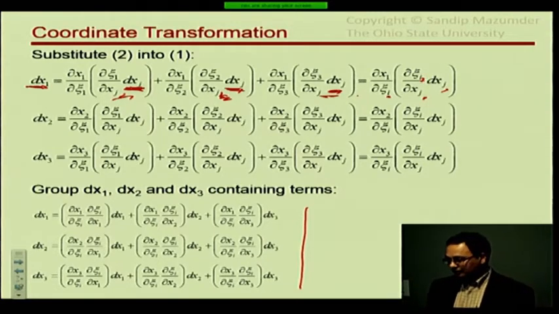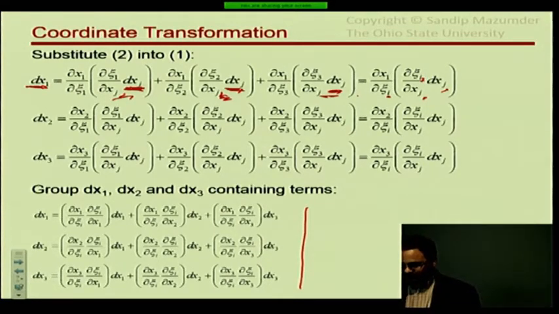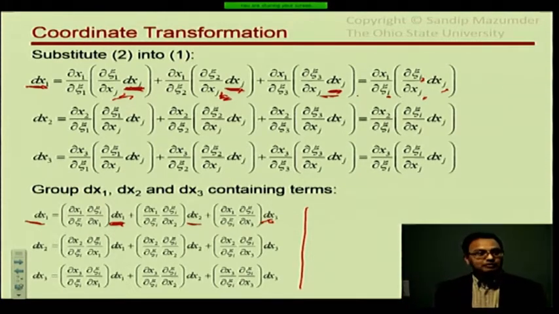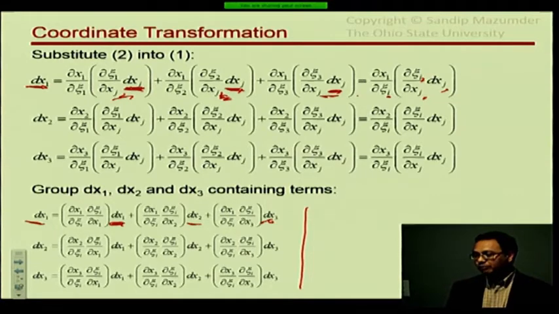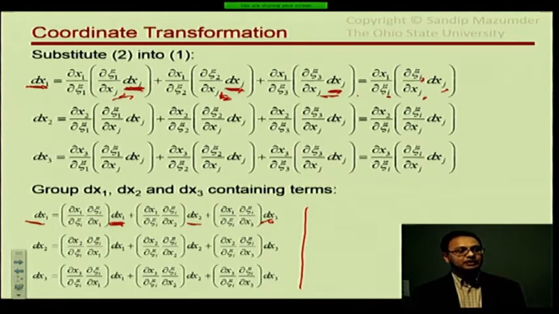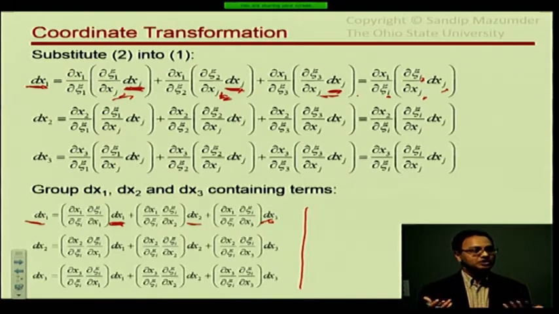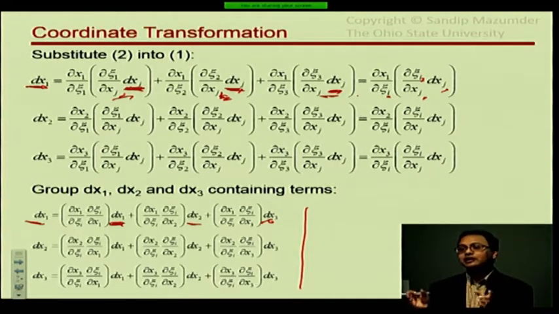Now once we do that, you notice something very interesting. On the left hand side this has 1 times dx1. On the right hand side, all of a sudden I have dx1, dx2, dx3. Now remember, x1, x2, x3 are independent variables. A change in x2 cannot be written as a change in x1. It's by definition invalid. If I say something changes in y, I cannot say that can be expressed by some change in x.